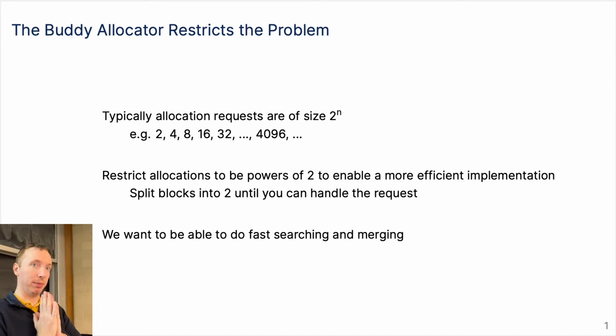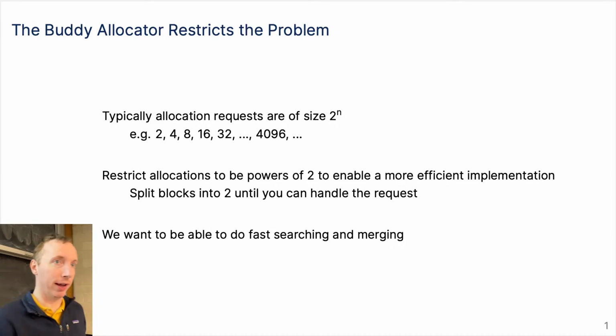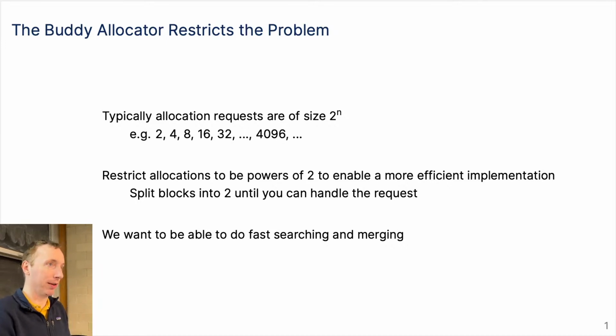What it does is it restricts allocations to be exactly a power of 2 and lets you have a more efficient implementation. Basically, it will split a bigger block into 2 if the request is too small for that. And when you split a block into 2, those 2 smaller blocks are now buddies. That's why it's called the buddy allocator. Now if you free one of them, it makes merging things easier, because if you get freed and then your buddy's free, you can merge the nodes back together, and then you might be able to recursively do that and create a much larger block.